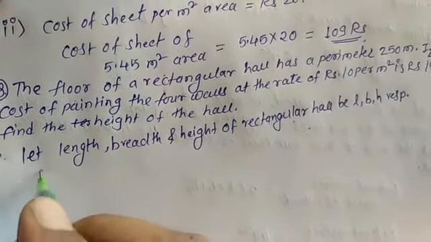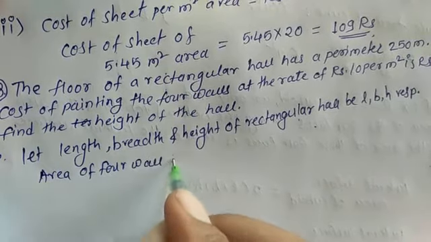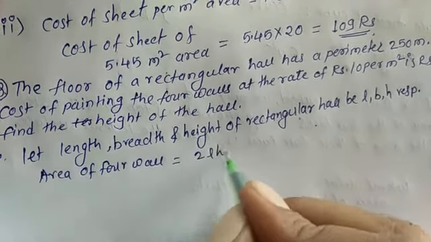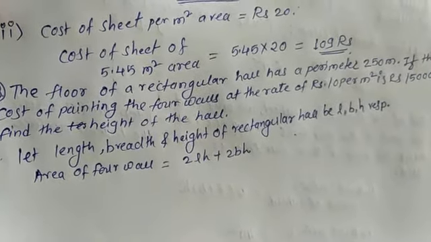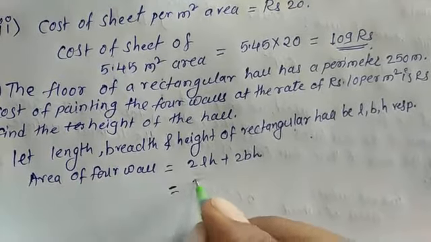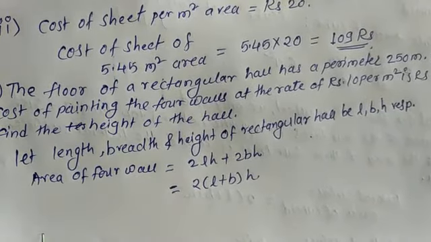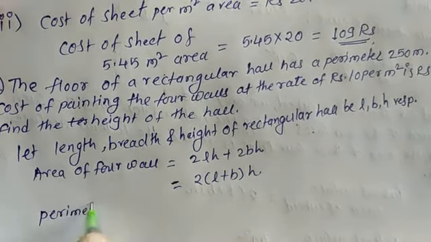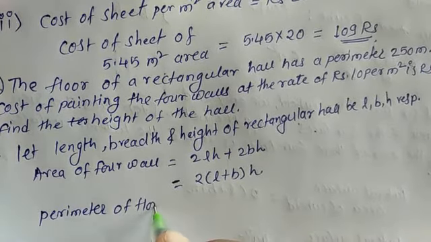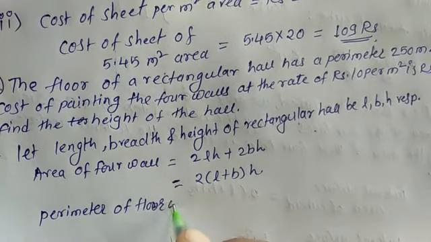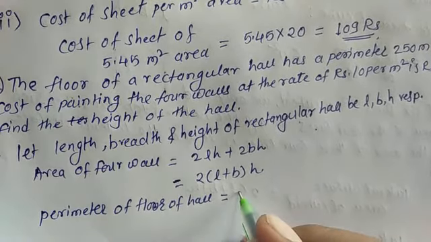Now area of four walls means it is a lateral area. You can write it as twice length into height plus twice breadth into height, which is also written as 2 into bracket L plus B into H. Now we are given the perimeter of the floor of the hall, which is equal to 250 meter.